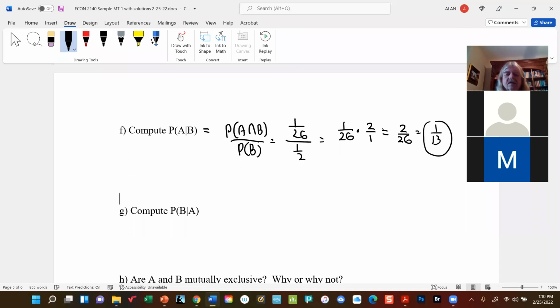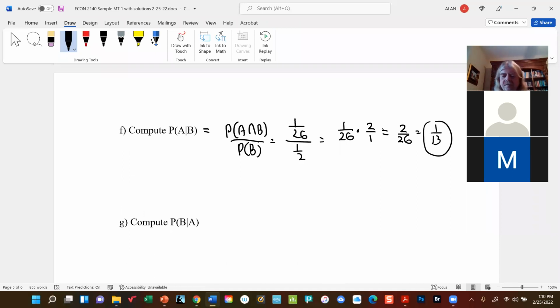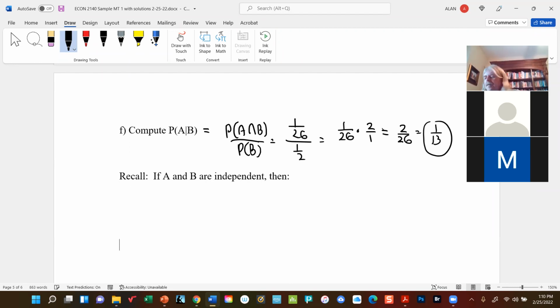You might recall that if A and B are independent, then two things are true.